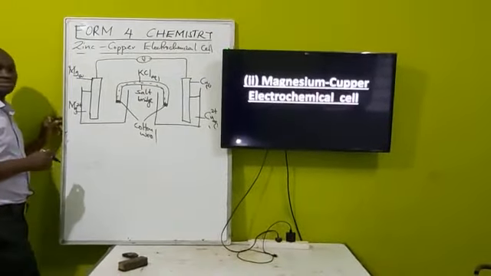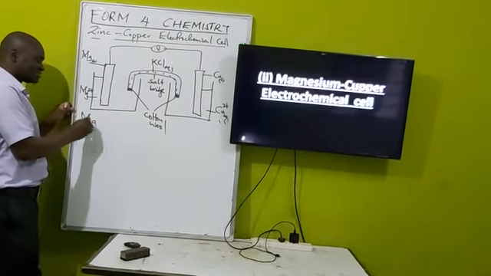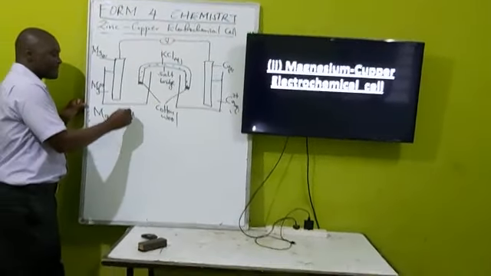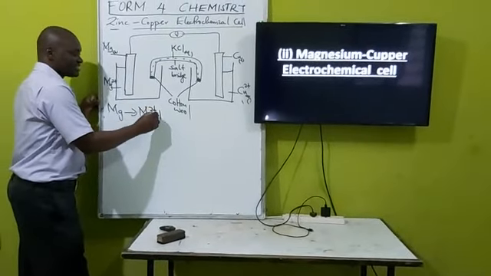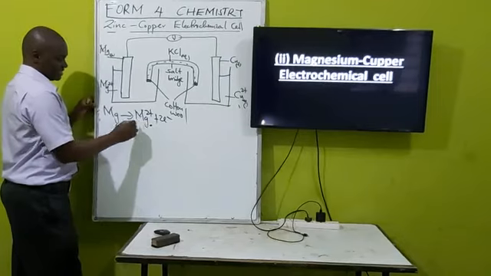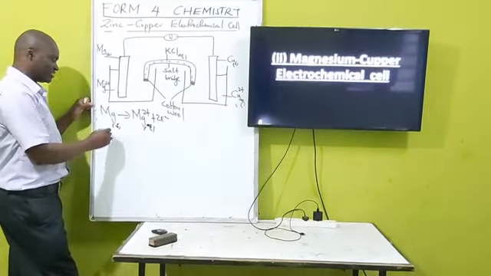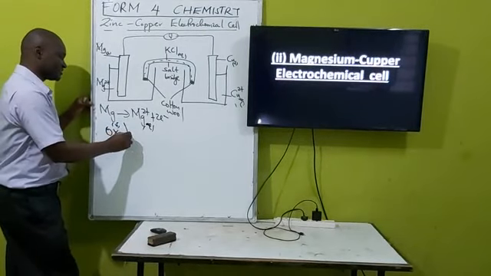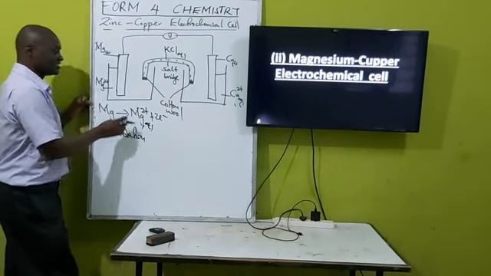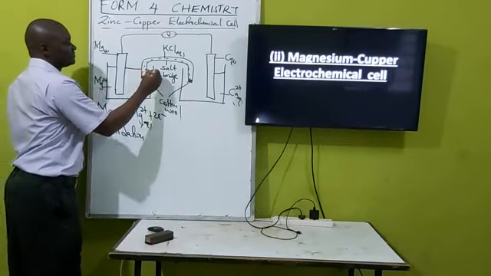Now let's see the reactions. Magnesium will lose electrons to form magnesium what? Ions. Solid, aqueous. Loss of electrons is what we call the oxidation process. So this is the oxidation half equation for this cell.